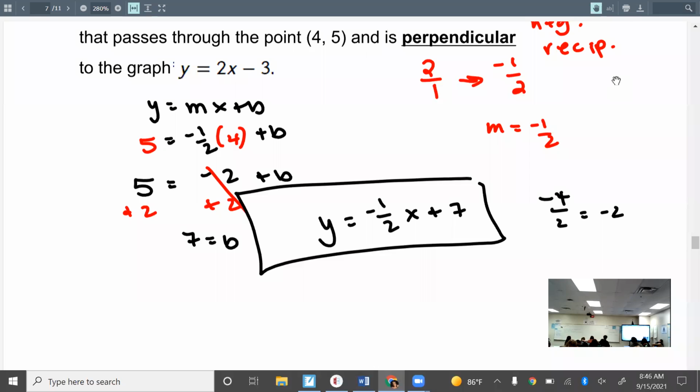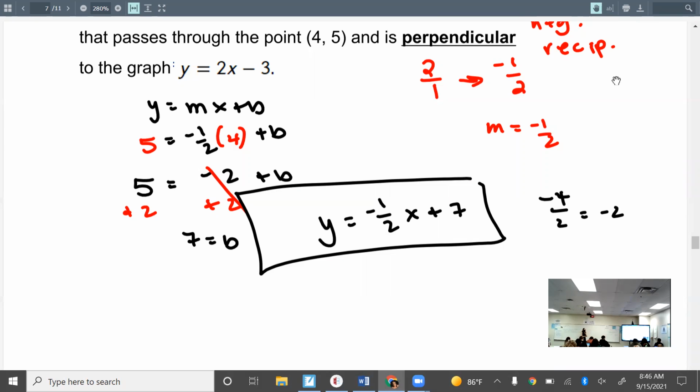All right, and here's the solution with work shown. A line that's perpendicular to the given line, so the slope is 2, would be a slope of -1/2, right? So if it's a whole number, make it a fraction, so 2/1, flip it and change the sign, so -1/2.